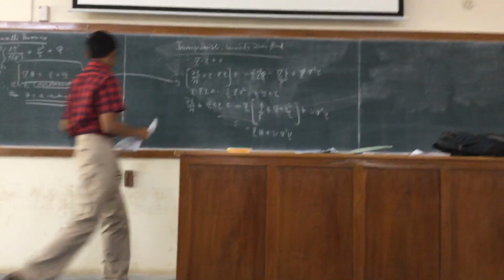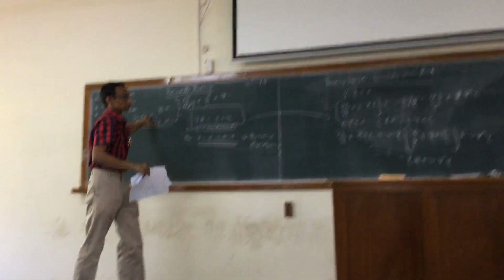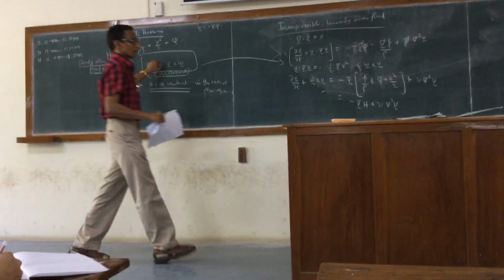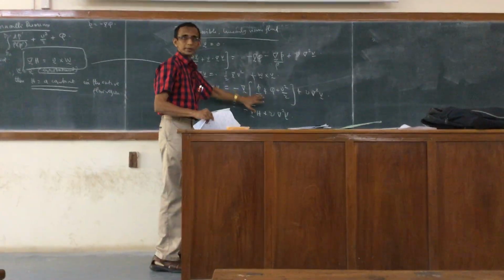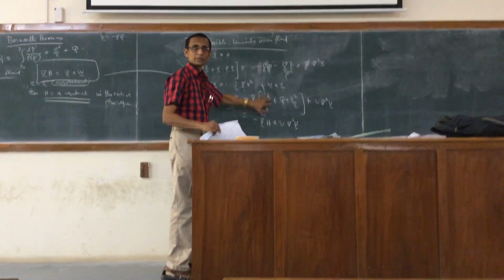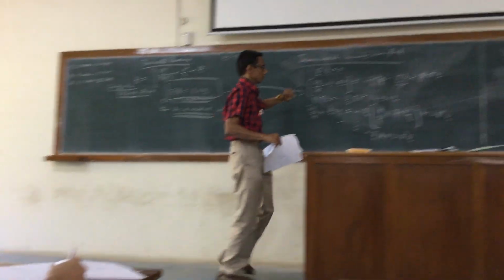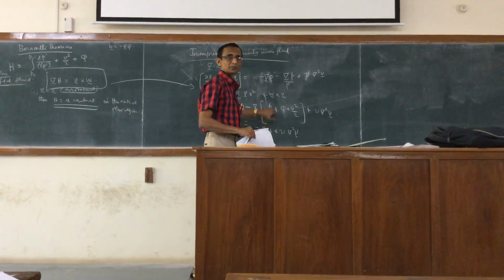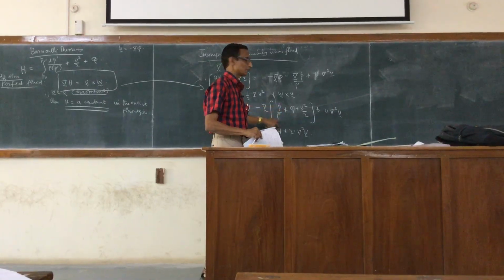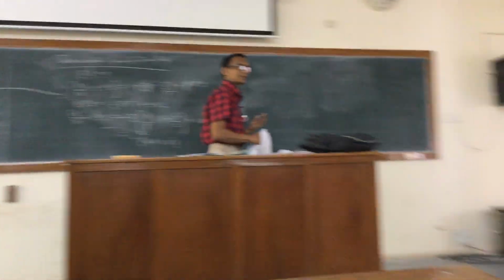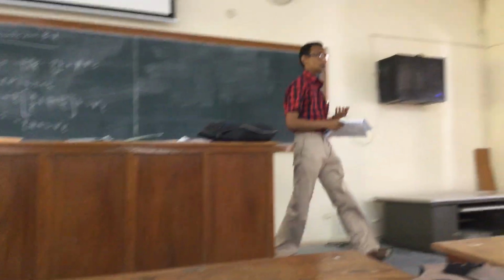So we see that we recover the equation for the perfect fluid with two distinctions. One, because I am considering only an incompressible fluid, otherwise I would still have this kind of a term. So that term has simplified, and not surprisingly I am getting an additional term due to the viscosity.